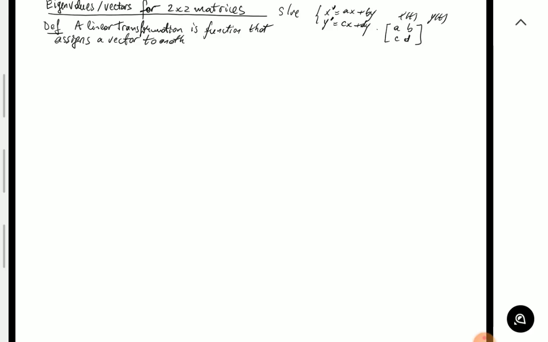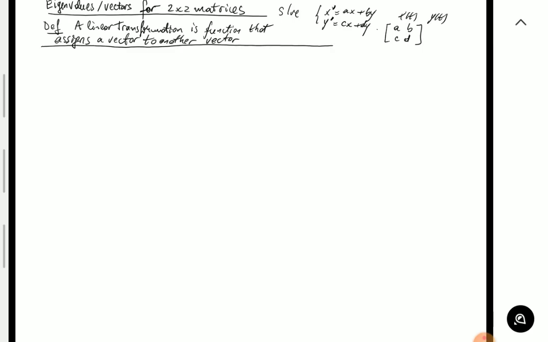And this is done for various purposes. Geometrically, if you think about vectors represented by arrows, you can define linear transformations that do some geometric transformations like rotation, translations, and so on.